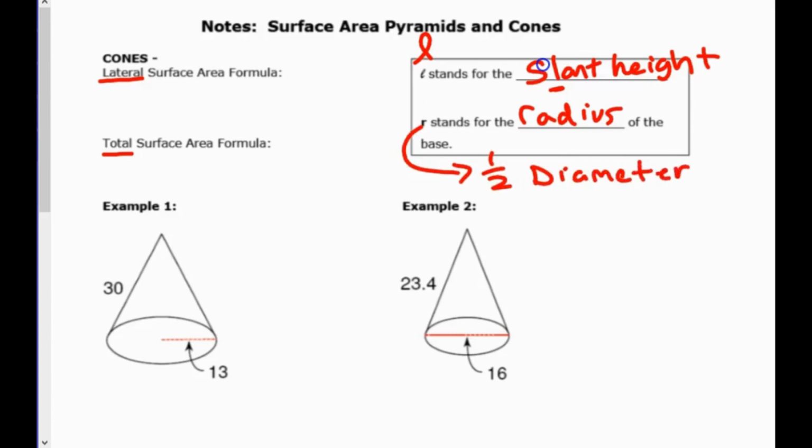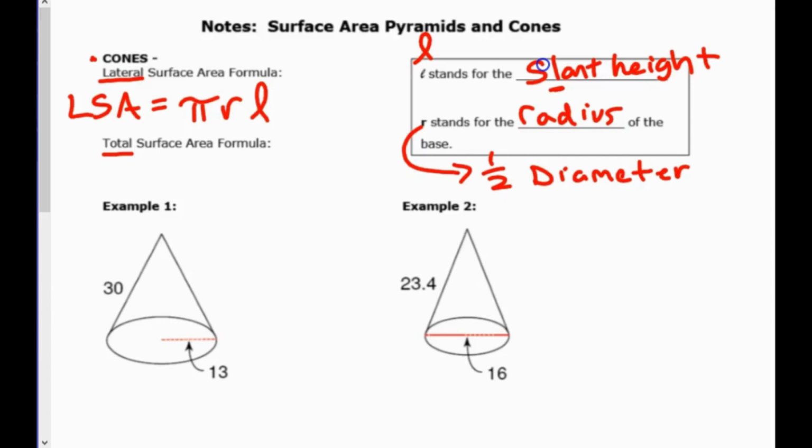So let's write down these formulas, okay? I lost my paper. Oh well. So lateral surface area of a cone is pi r L. Pi r L. So all you got to do is go to the calculator, do pi times the radius times the L. What does L stand for again?